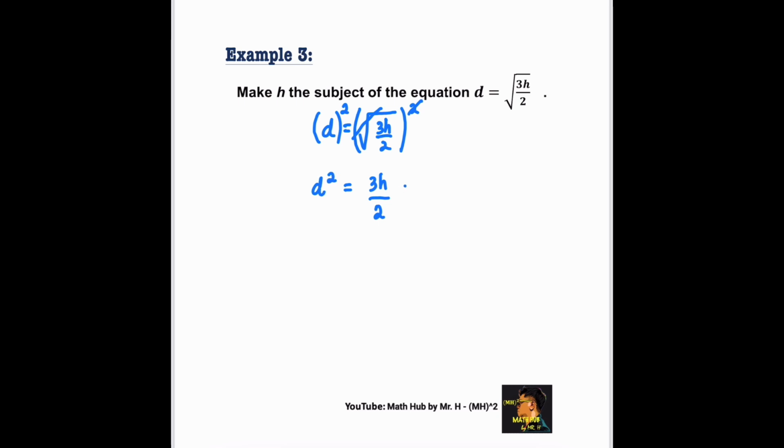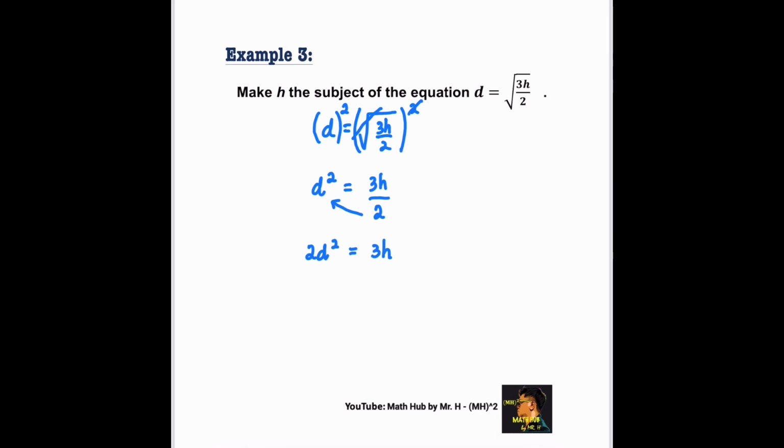Again, cross product, or cross multiplication. So we multiply 2 by d squared, and it's going to give us 2d squared equals 3h.